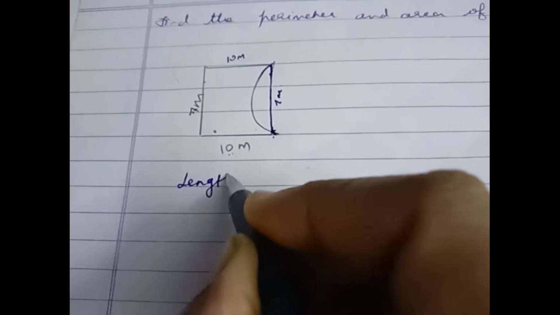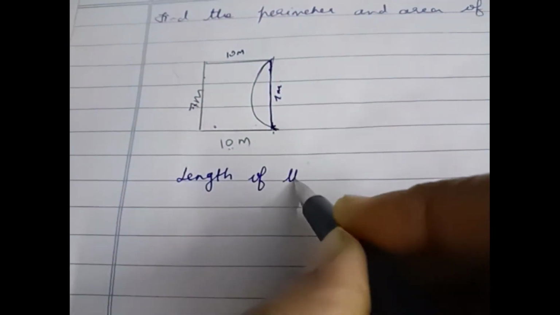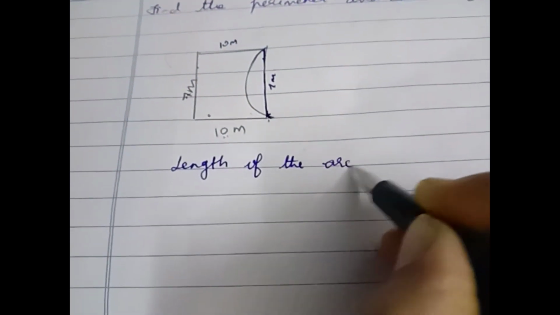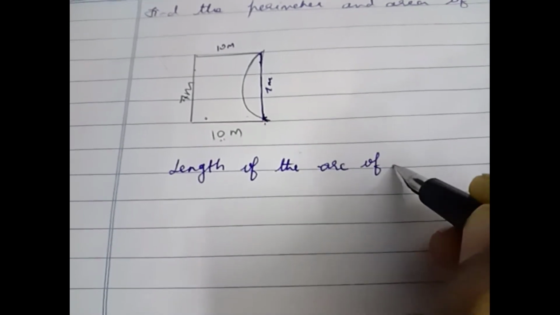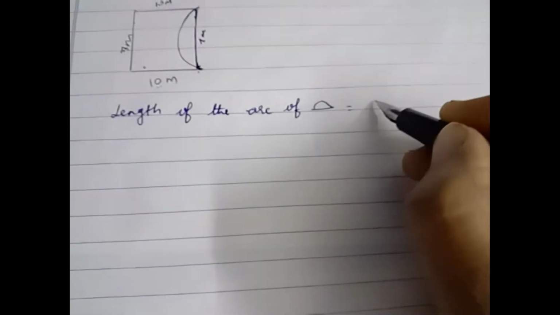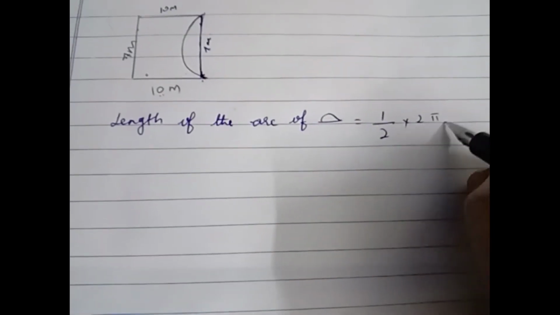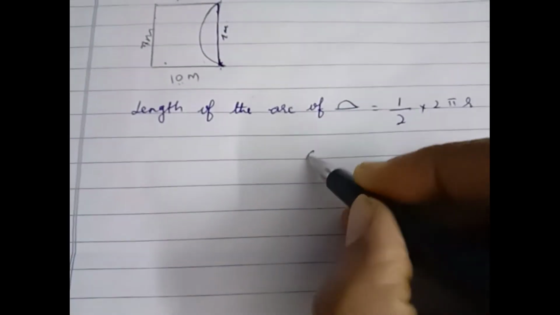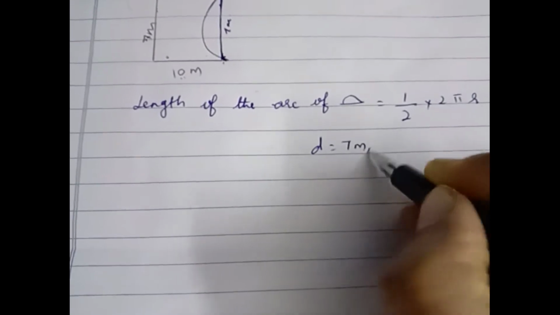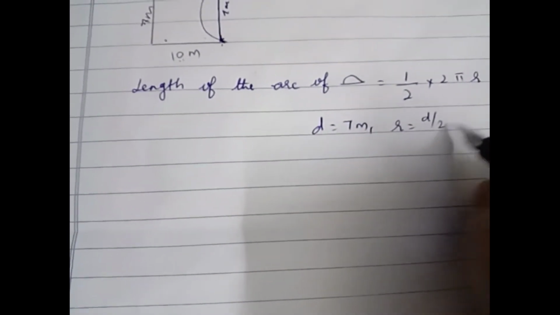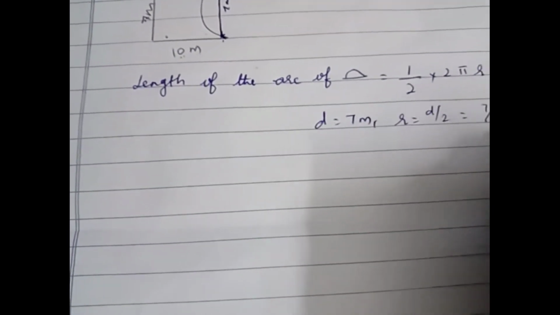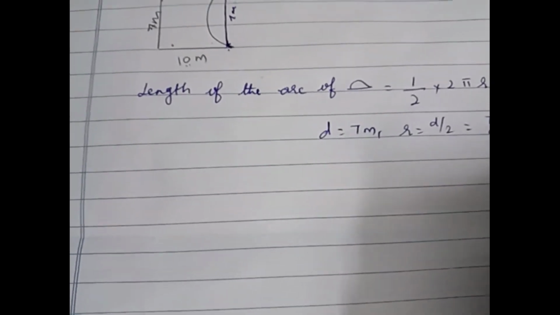Therefore, length of the arc of semicircle is equal to 1 by 2 into 2 pi r. Here the given diameter value is 7 meter. R is equal to D by 2, which is equal to 7 by 2, equal to 3.5 meter.